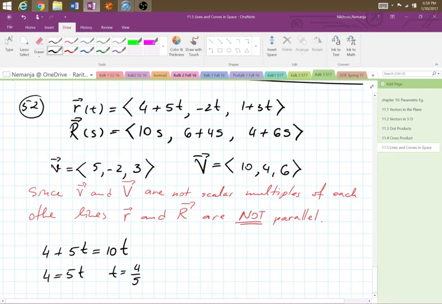But that doesn't mean in 3D space that we're actually there, because we have to match these ones as well. So now, plug 4/5 everywhere and make sure that they all work out to be the same number. If they do, we got it. Do they? No?